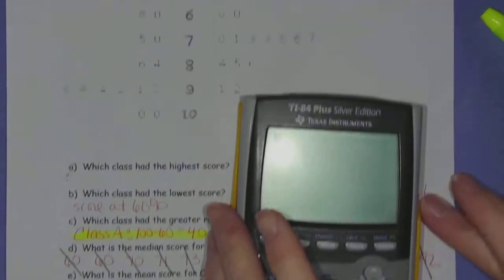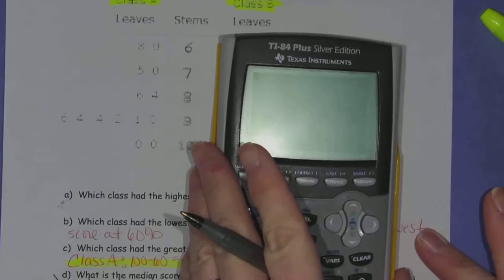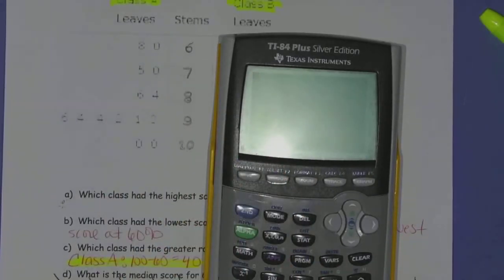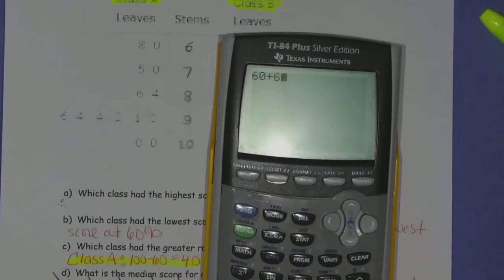Here we go. From Class A, 60, 68, 70, 75, 84, 86, 90, 91, 92, 94, 94, 96, 100, 100.